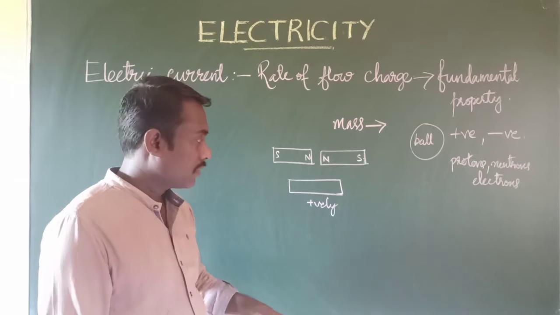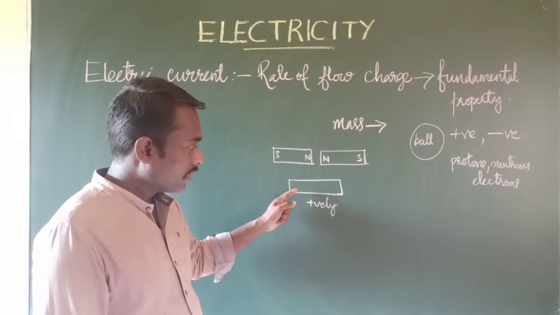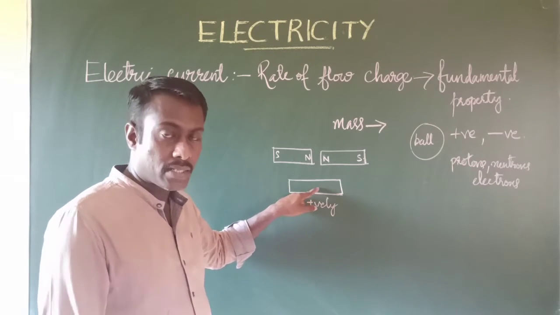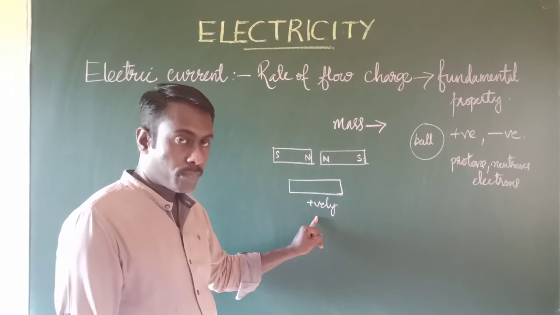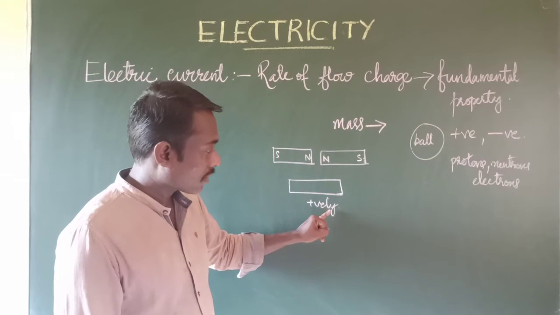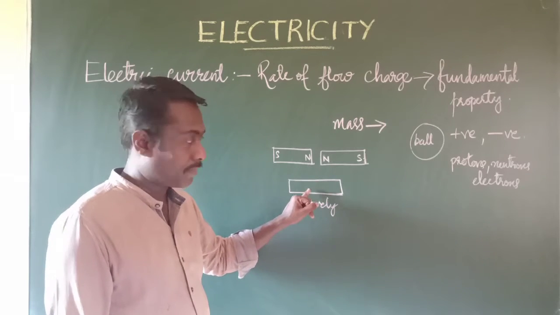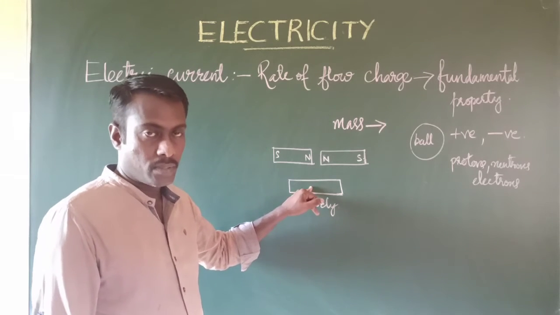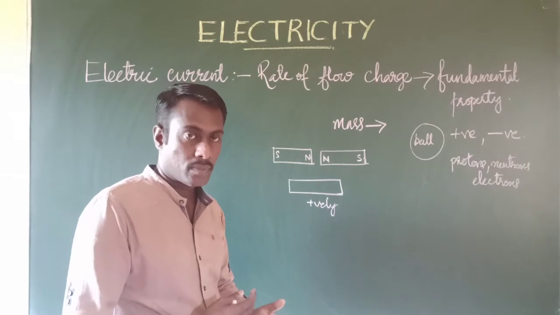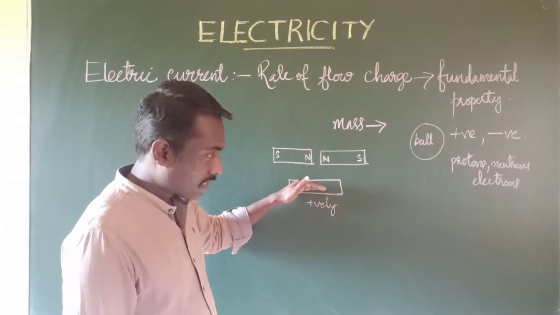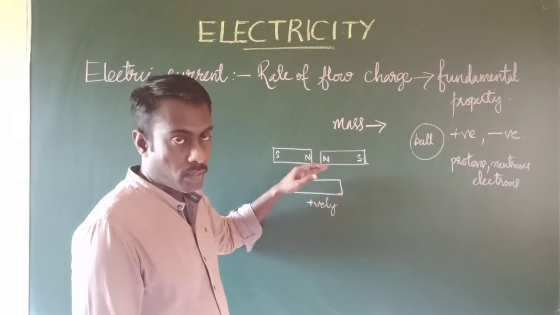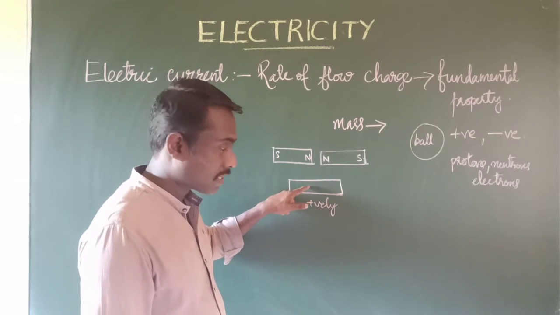What does it mean? Does it mean that only positively charged particles are there? No, but the number of positively charged particles is more in the plastic rod. How is it possible?